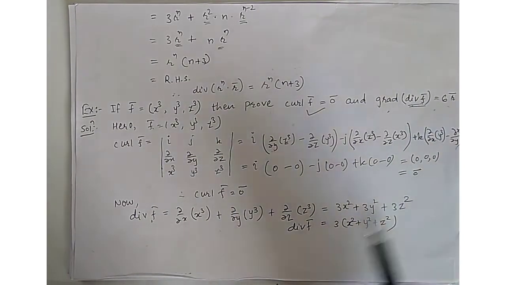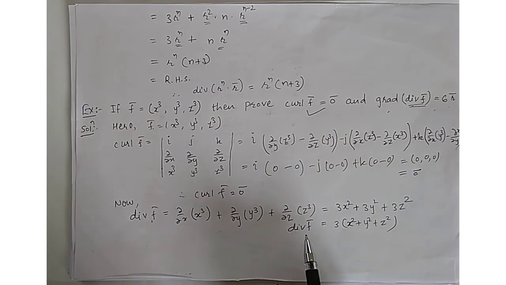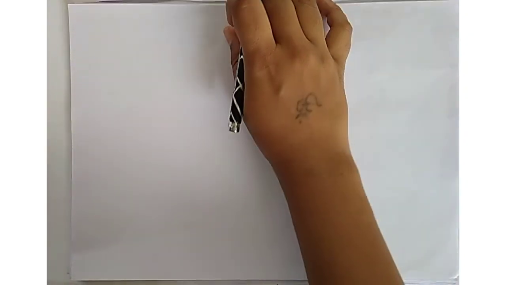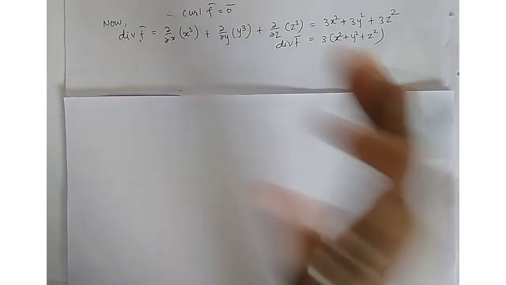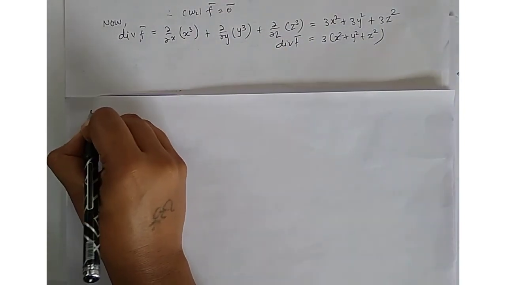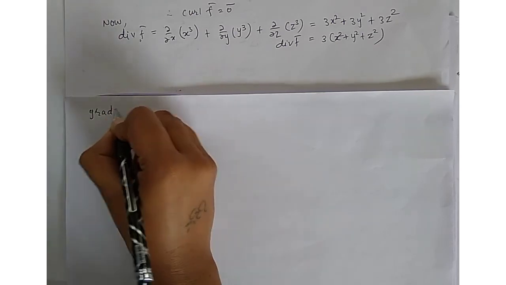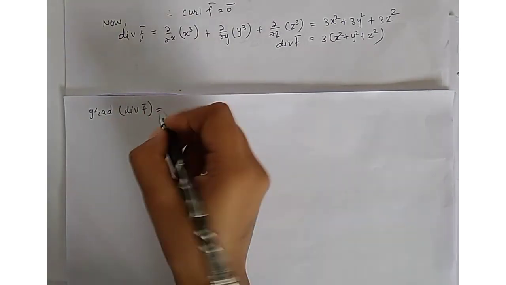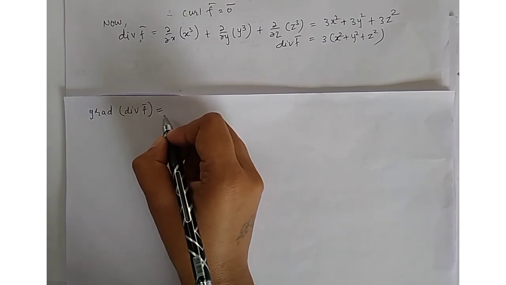Now I am applying gradient on it. So gradient of divergent of f bar is equal to, what is the definition of gradient?